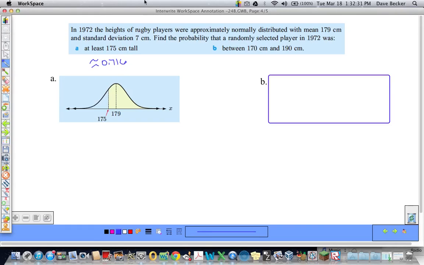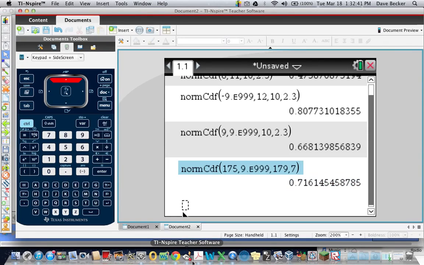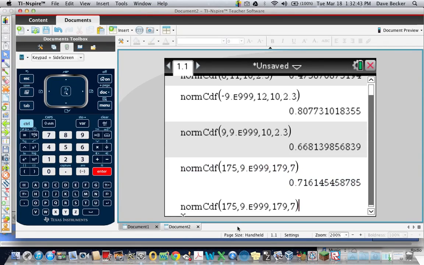Okay. And then between 170 and 190, let's get rid of that one, see what that looks like. Okay. And I'll go to the calculator again. I think I'll just copy it again so I don't have to go through the thing. So that was from 170, so change this to a 170, to 190.